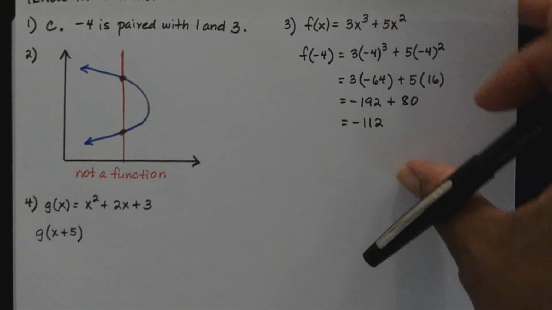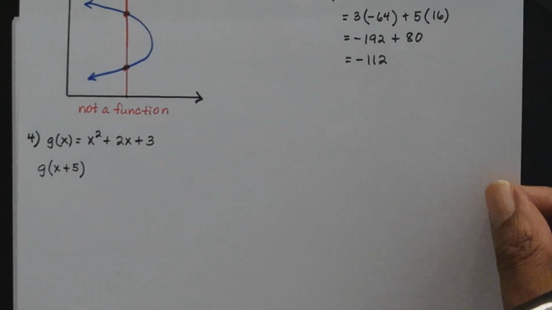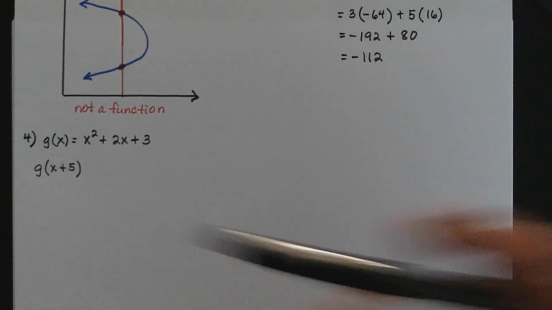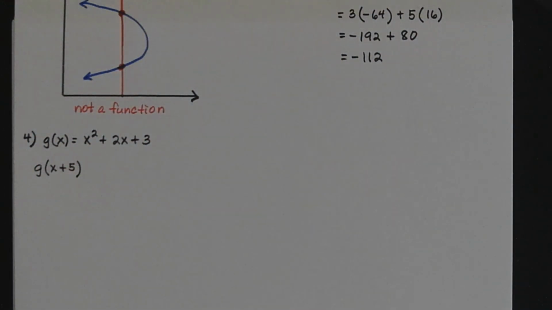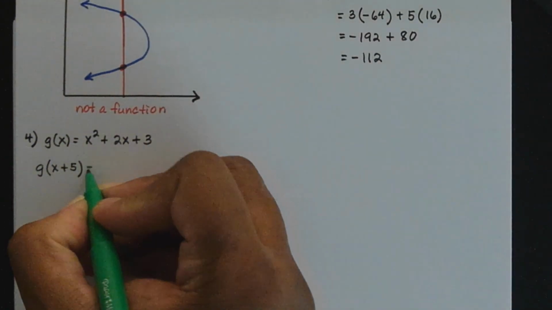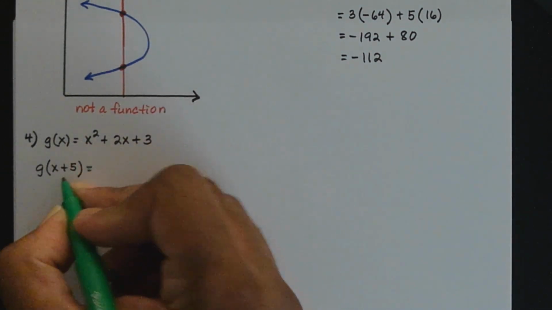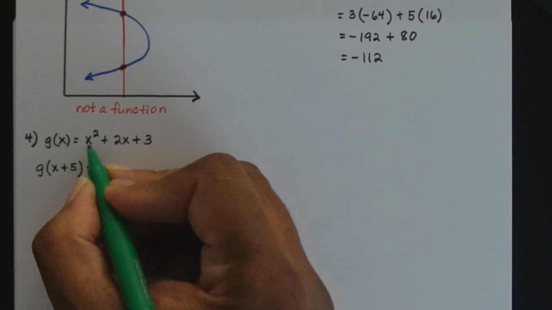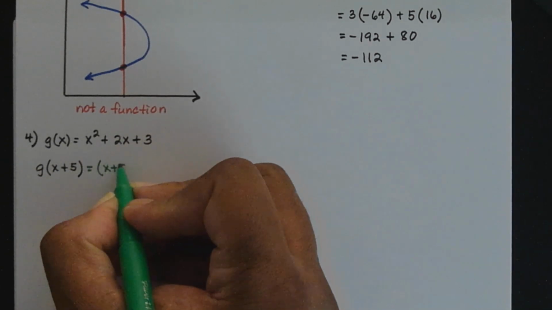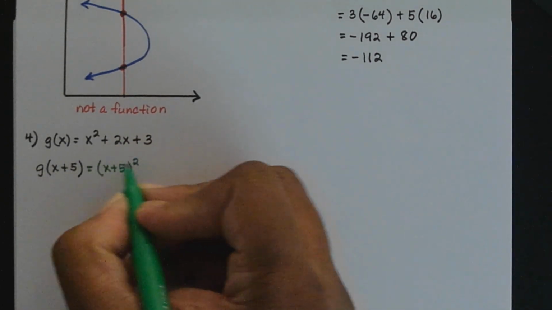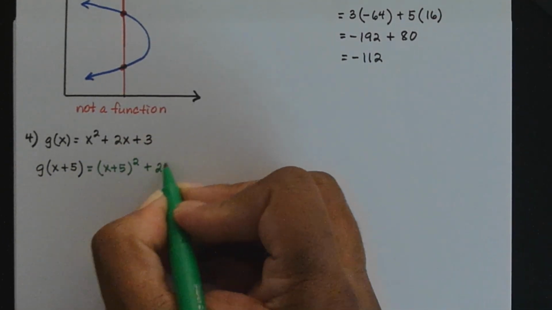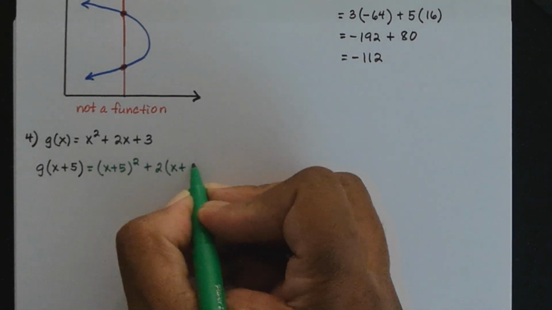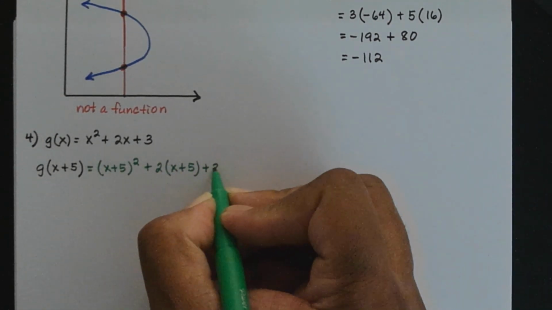I'm looking for an expression after replacing your x with x plus 5. So in this case here, every x in g of x will be replaced with x plus 5. So that means that this x will be x plus 5, and that's going to be squared, plus 2 times the x will be replaced with x plus 5, and then plus 3.